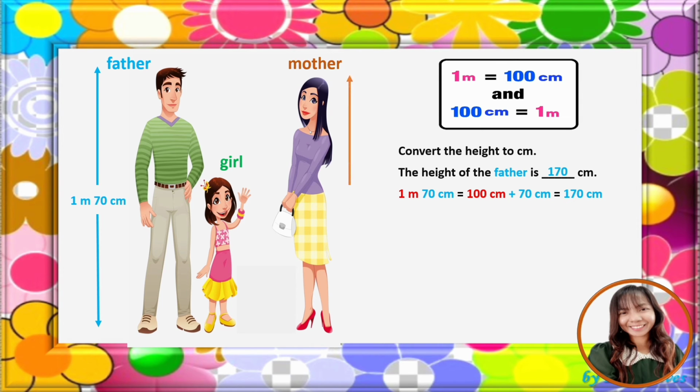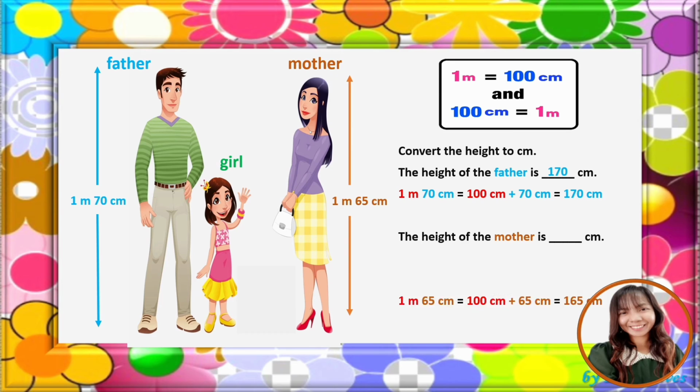Alright, so for the mother's height, 1 meter and 65 centimeters, let's convert. The 1 meter again is equal to 100 centimeters, plus 65, so the total is 165.